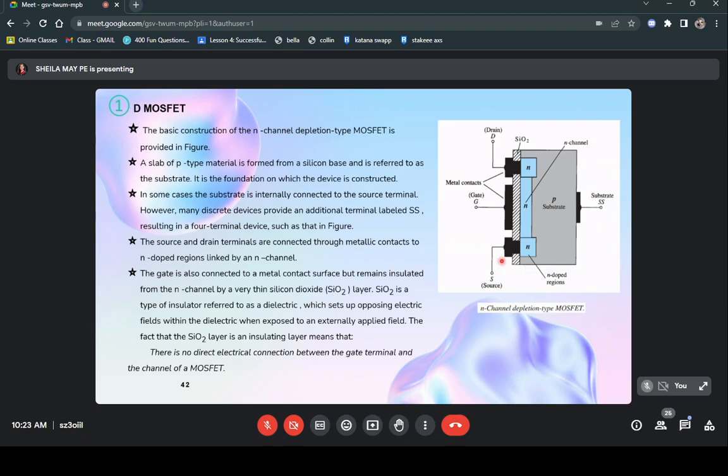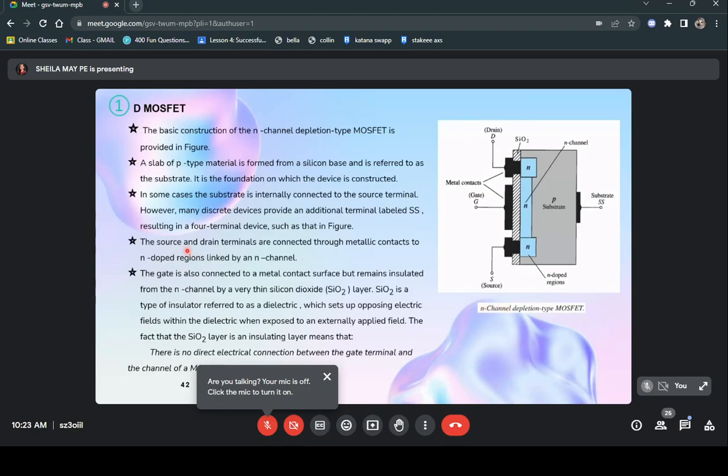But some devices put a fourth terminal here, which is the substrate, which is also connected to our source and then connected to the ground, which you will see later. It depends on the availability of what type of device you are using. But what is commonly used now, class, is the substrate being connected internally.